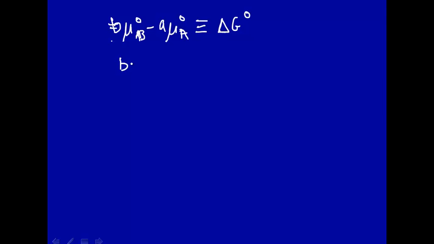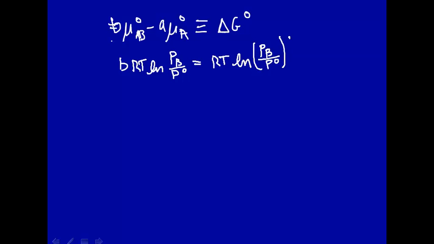Okay. So that's the free energy change when the compounds are in the standard state. And we have B RT natural log of the pressure of B divided by the standard state pressure. We can rewrite that as RT times the natural log of the pressure of B over the standard state pressure, raised to the B power.